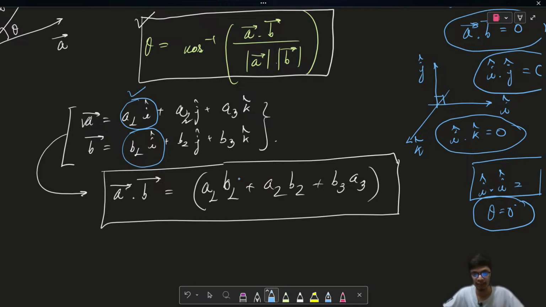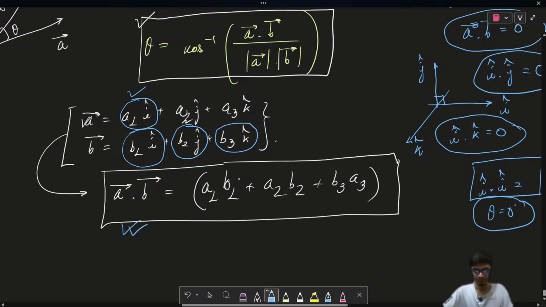Similarly, if I take this term and multiply it with b2 j cap, then the result, that is i cap dot j cap, is going to be 0. Similarly, if I take this term and take the dot product with b3 k cap, again I'm going to have the answer as 0. So if I do this product by taking each component twice, the result is going to come out something like this. All right, I hope this is clear to all of you.